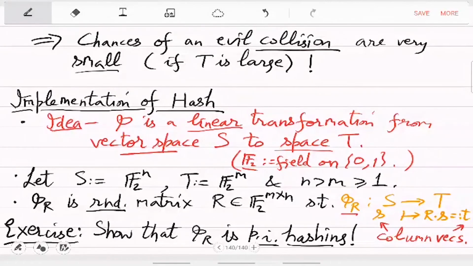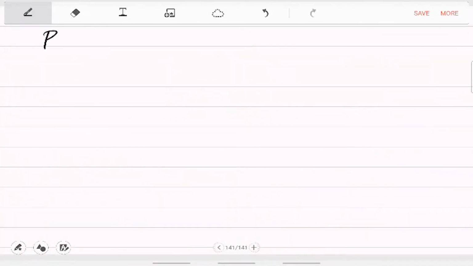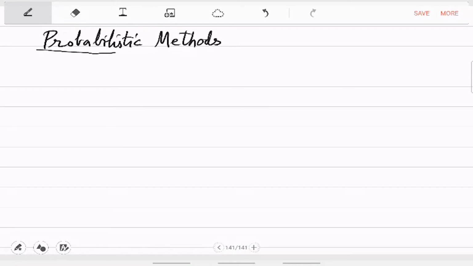So I skip this and I move to a new topic, the last one in this course, which is probabilistic methods. So you may ask, what is new in this title? We have been doing probabilistic methods. We have been doing probability all the while.